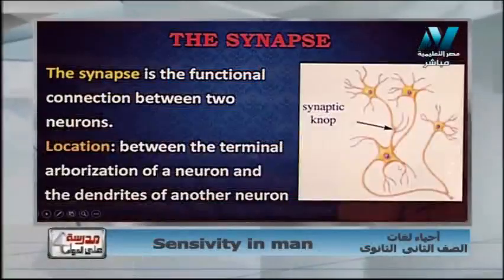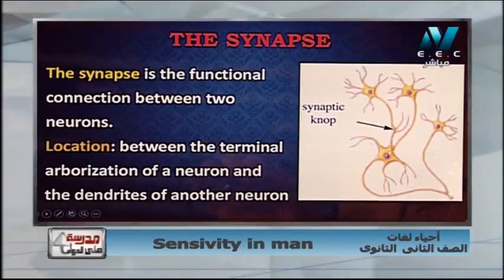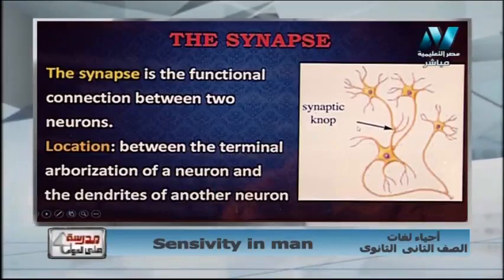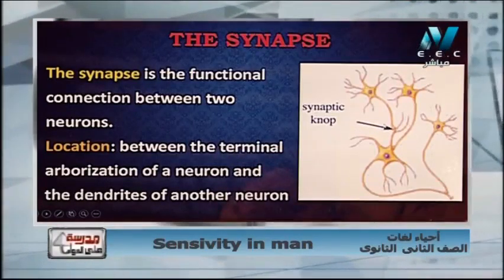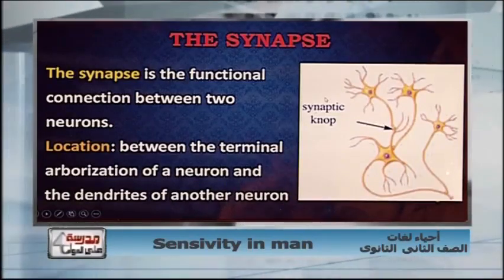Another point that is called the synapse. In this picture, it shows that the nerve cells are connected together or come close to each other at what we call the synaptic node or synapse. What is the synapse? The synapse is the functional connection between two neurons.